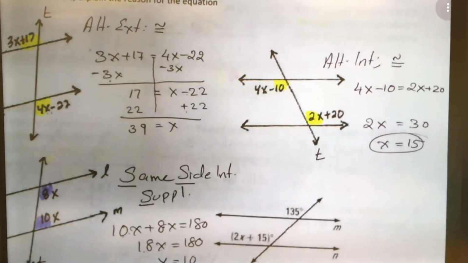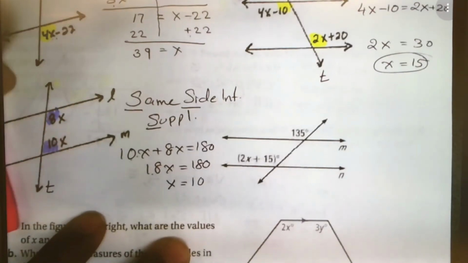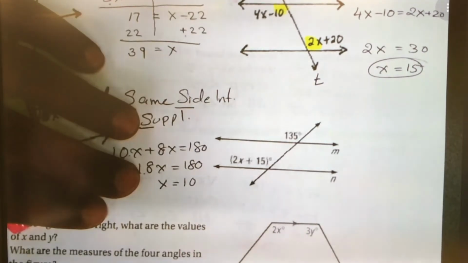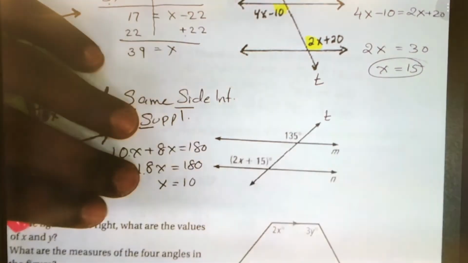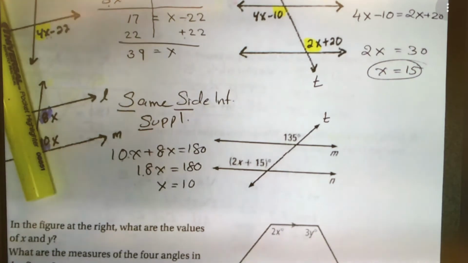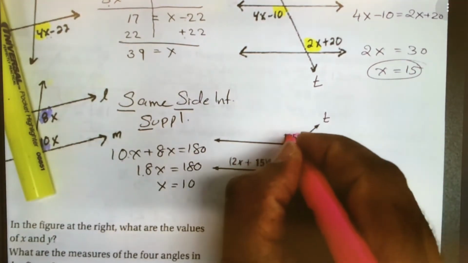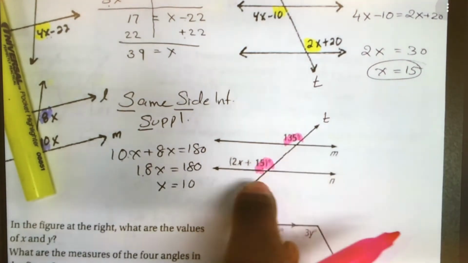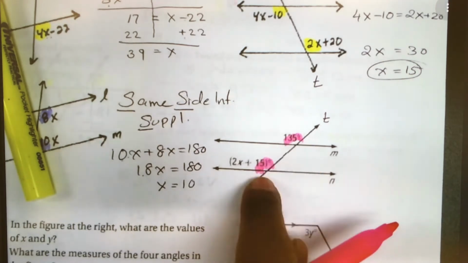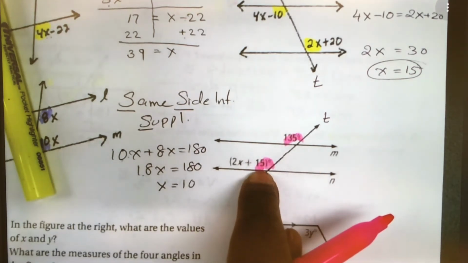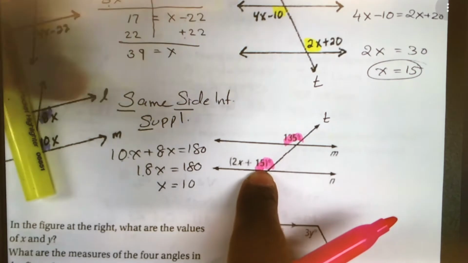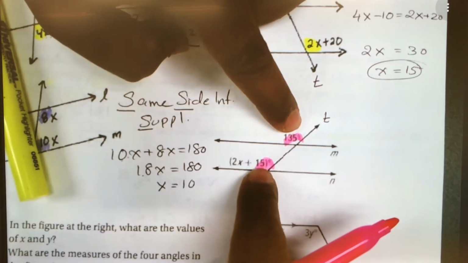Now the next question, first you need to identify the transversal line here. So this is the transversal line. These two angles are on the same side of the transversal, and one is outside and one is inside of the parallel lines. So they are on the same spot, same location.